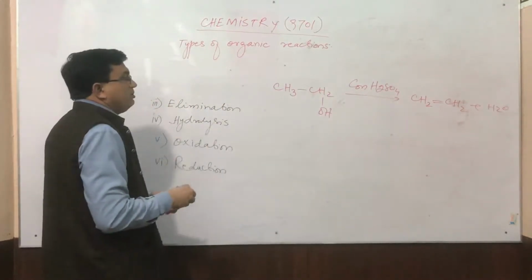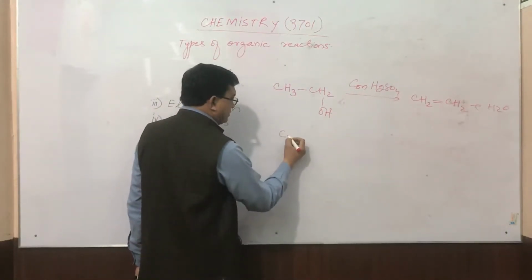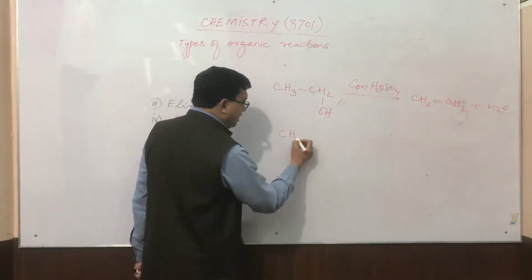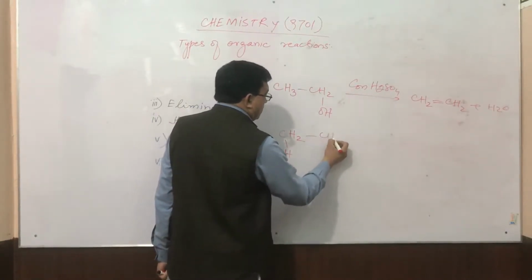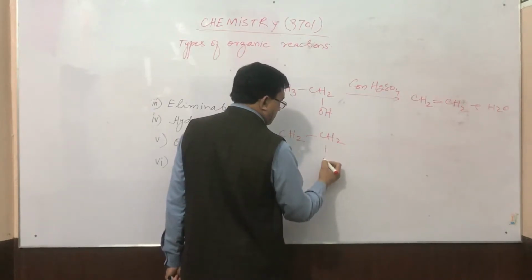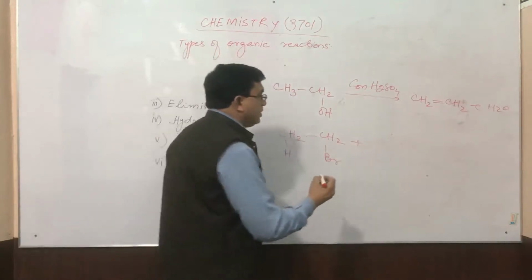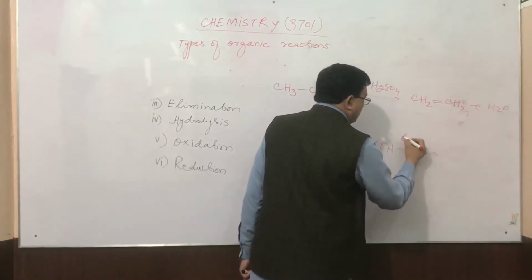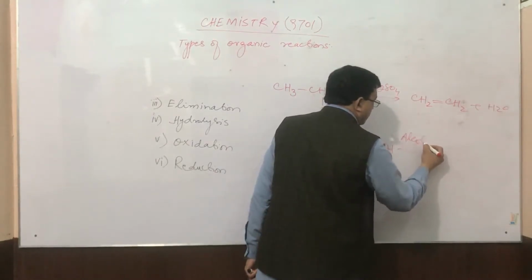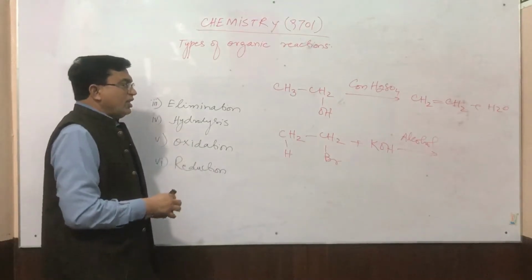Second example of elimination reactions, if we treat a halogenoalkane with KOH in the presence of alcohol or ethanol, what will we get?